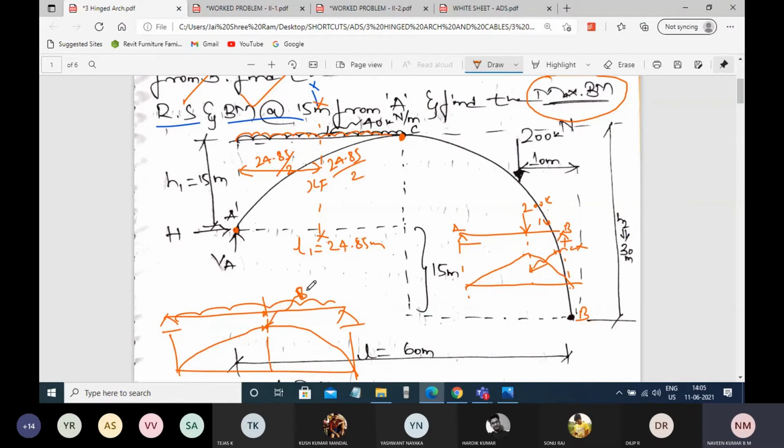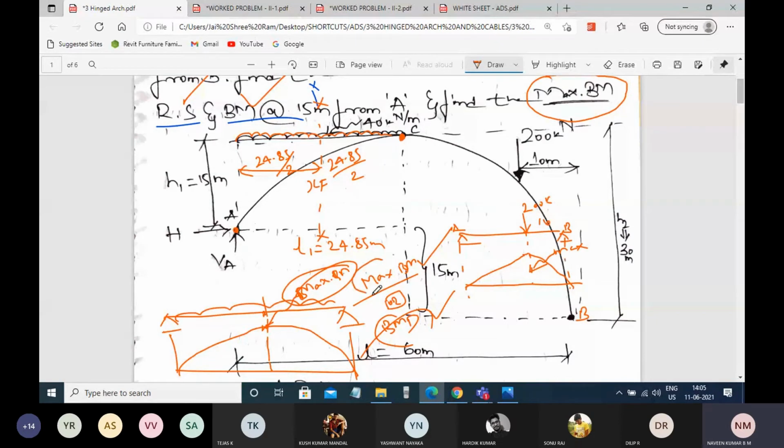This concept, if you don't know, then it is very difficult to get the bending moment diagram as well as to find the maximum bending moment. They may ask you to find the maximum bending moment, or they'll mention draw the bending moment diagram. So in order to draw the bending moment diagram, what do you need to get? You need to get the maximum bending moment in the AC segment as well as the CB segment.